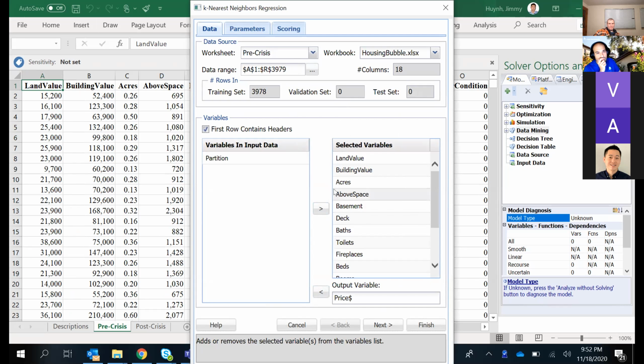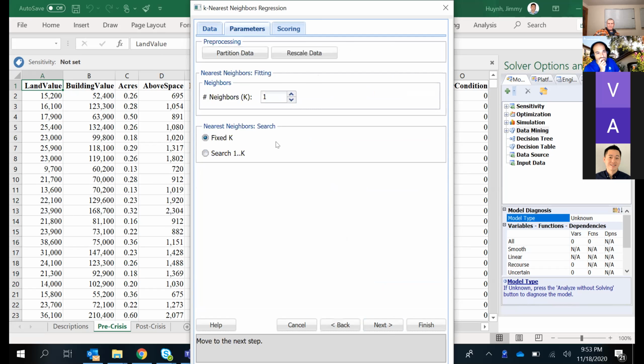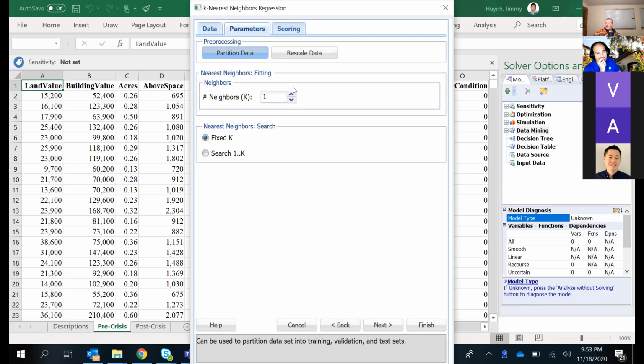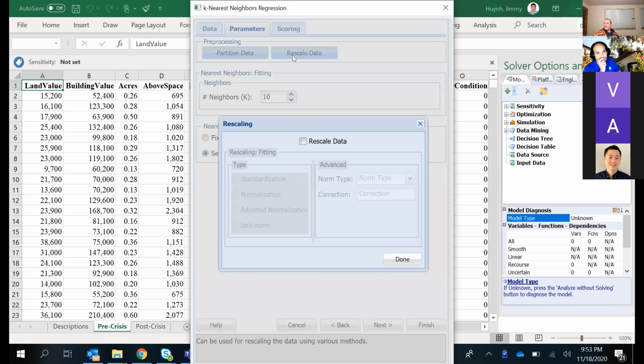Okay. I want to partition my data. Standard. And also search 1 to K or 10. Yep, search 1 to K and then rescale the data.